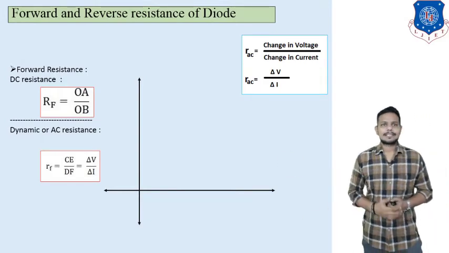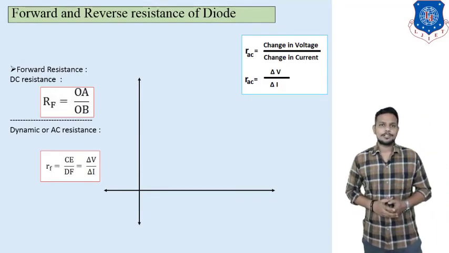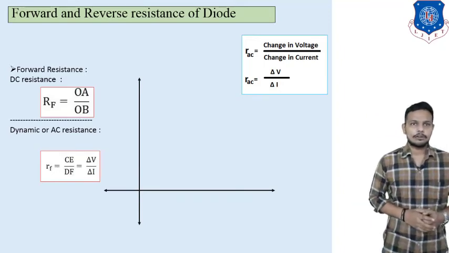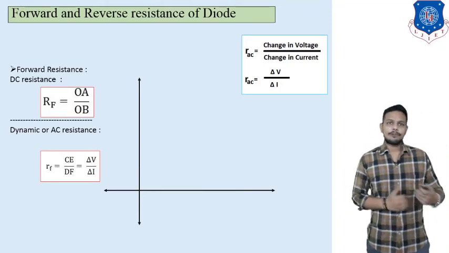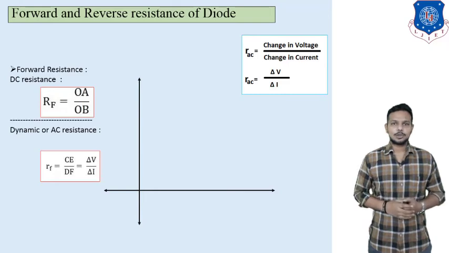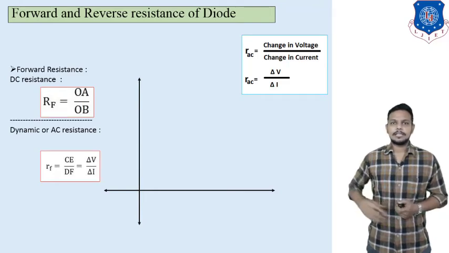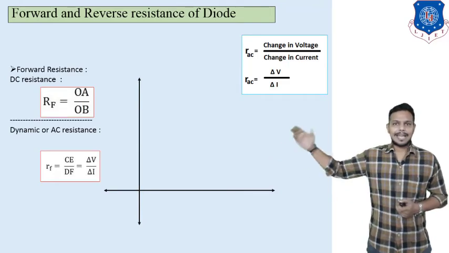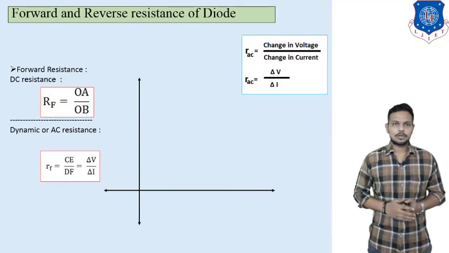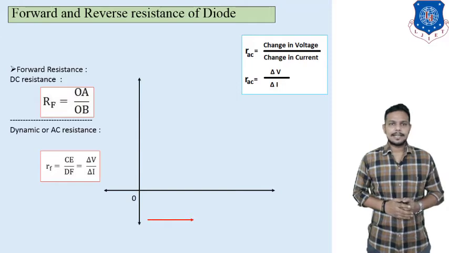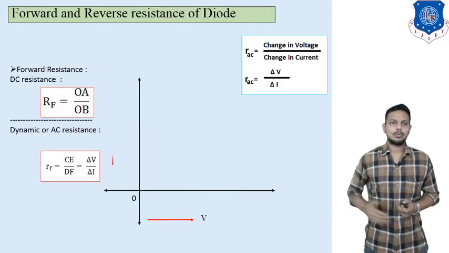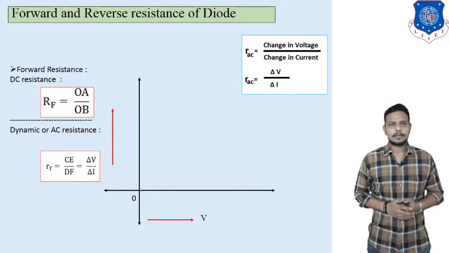Now let us discuss the forward and reverse resistance of a diode. We can find this resistance through the regions we have seen. Here on the x-axis there is voltage and on the y-axis it is current.